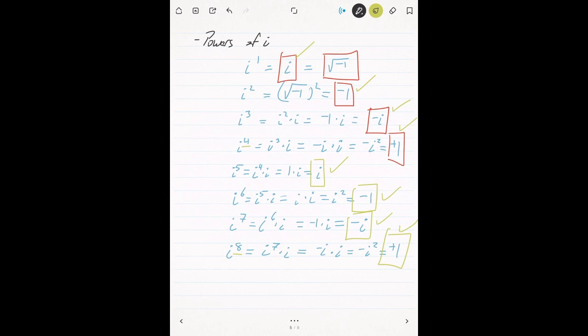So, if I gave you i to the, oh gosh, let me think of one. Let's do i to the 66th power. What is that going to be? Now, you have to think to yourselves, okay, i is always repeating the pattern on every 4 intervals, right?